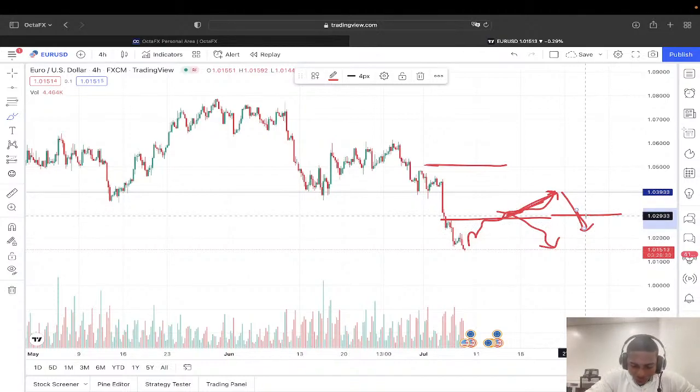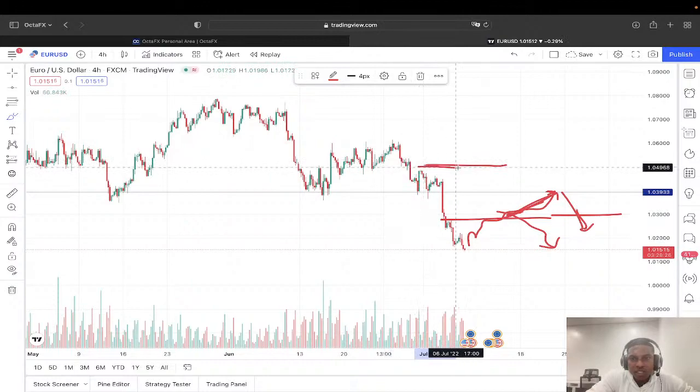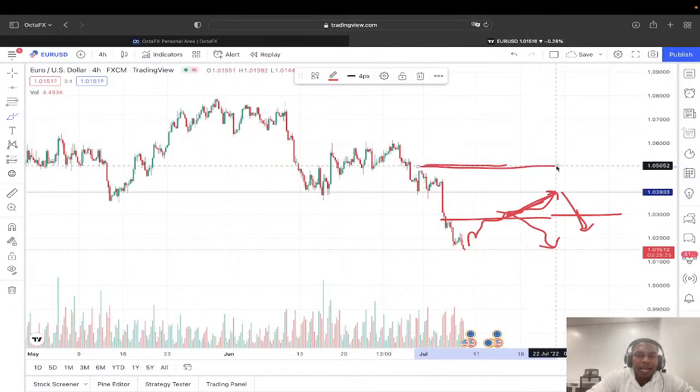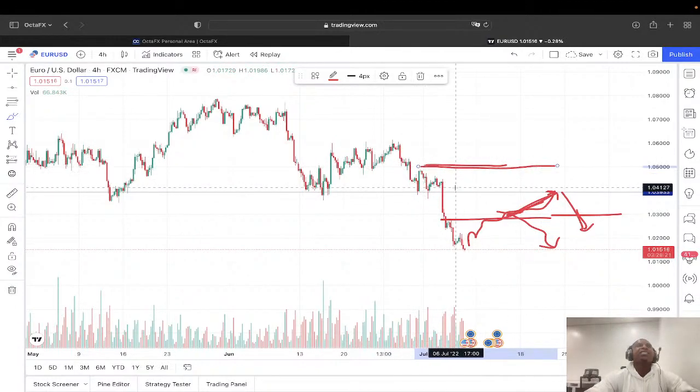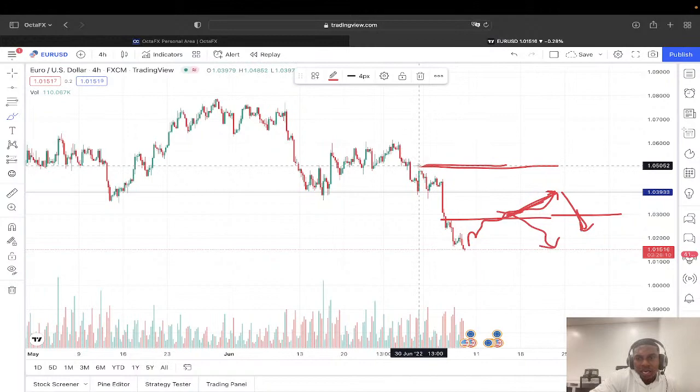So, yes, what would be our SL? For me, I will set my stop loss above my entry level, or I can set it a bit above my next support or resistance level. So if you look at this one, we are shorting this market, right? So I will set my stop loss at this level.